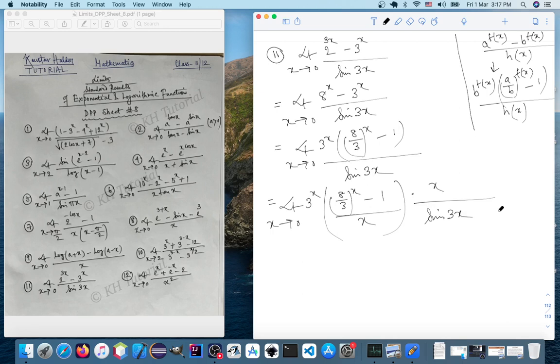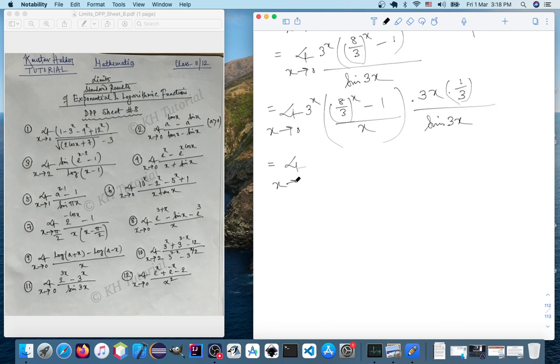Now we would like to have 3x below sine 3x. So we already have x. We will multiply by 3 and adjust with 1 by 3. So this becomes 1 by 3 and sine 3x by 3x.